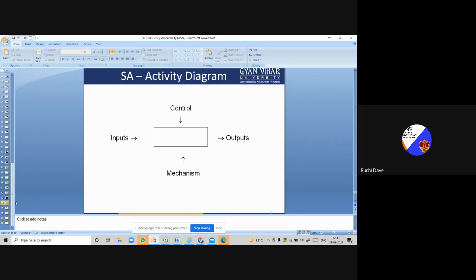Done? Check out the other one. Yes, ma'am. This is the data diagram. Draw this also.